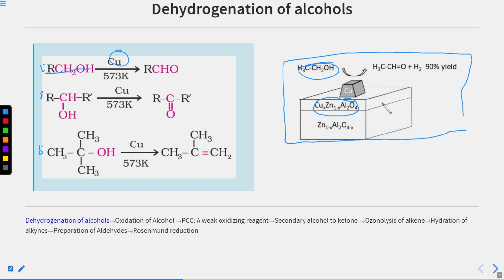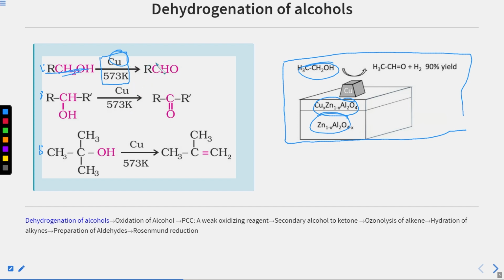So what are the specifications of the reaction? You do not have to worry about this complex. Just focus on the reaction conditions, that is 573 Kelvin and copper metal. We take a primary alcohol, because this carbon is attached to only one alkyl chain, and we do the dehydrogenation of alcohol using copper.